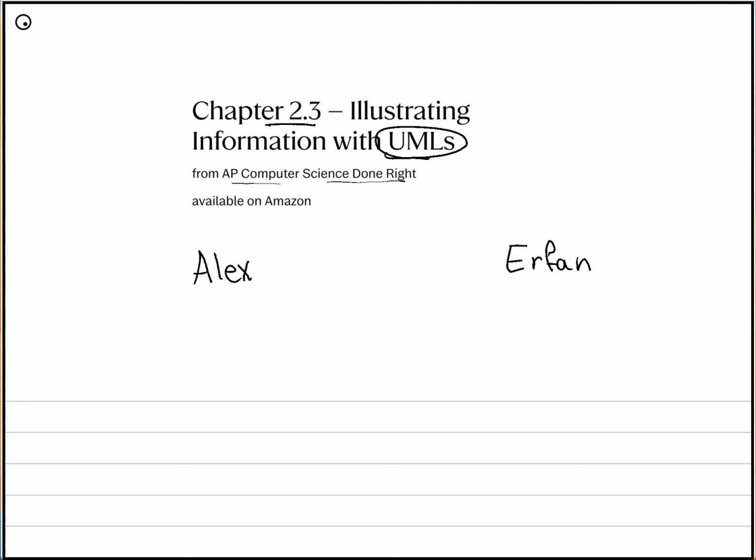Excellent. Okay, Irfan, if you remember last class in chapter 2.2, we learned some really interesting things. Can you tell me a little bit about what we learned? Sure, yes. So we learned how to tie classes together and how to describe different variants of information that belong to the same kind.